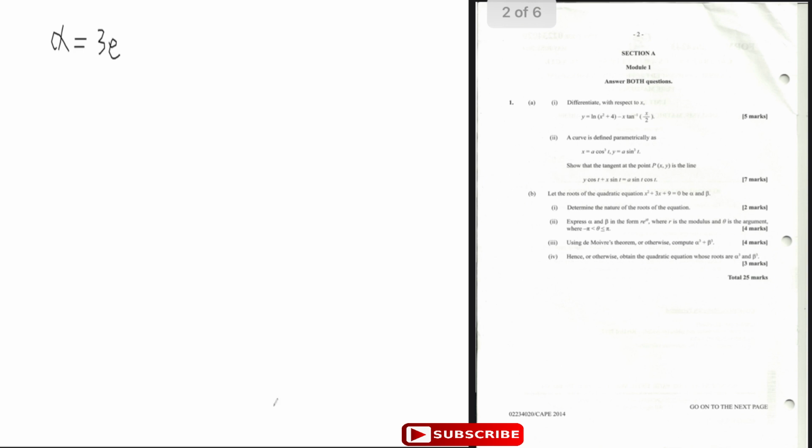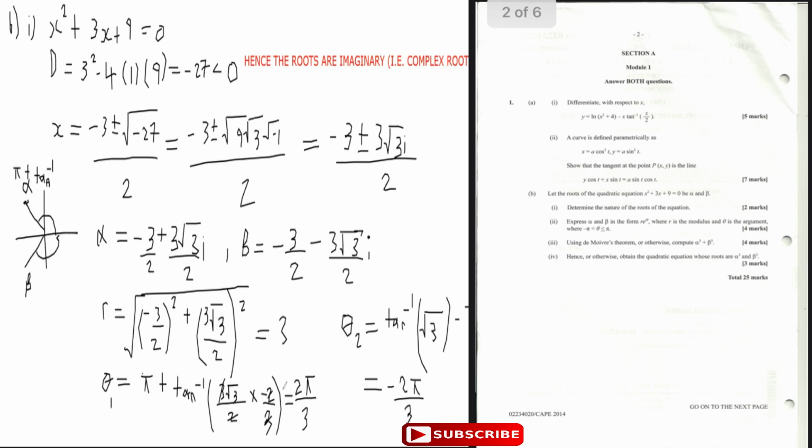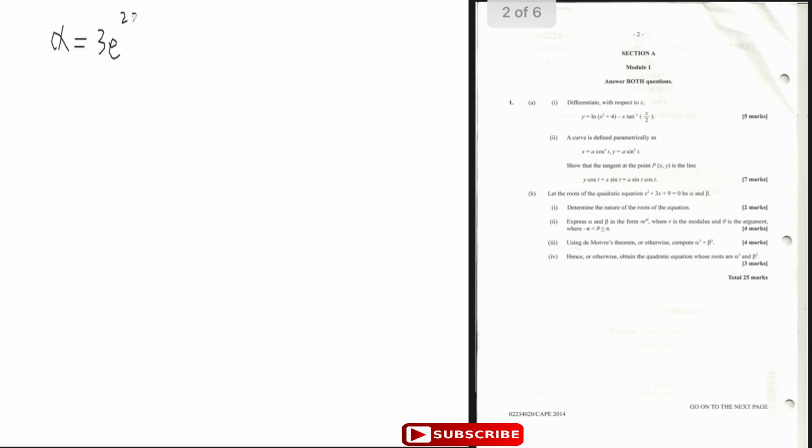Theta for this one is 2 pi by 3, so alpha is 3e to the 2 pi by 3 i. And then beta is equal to 3e to the minus 2 pi by 3 i. That's beta. Nice and easy.